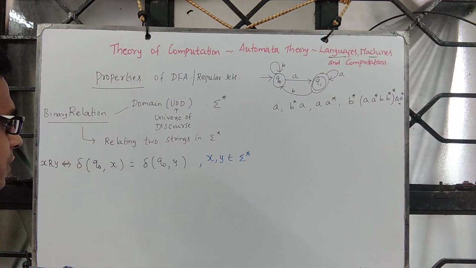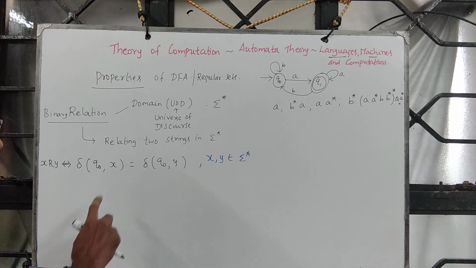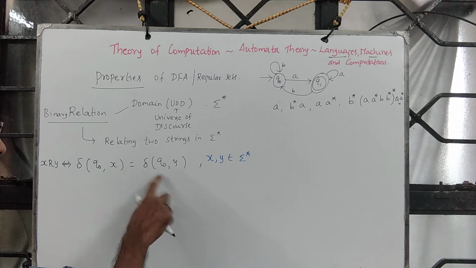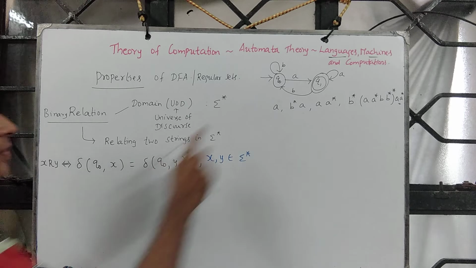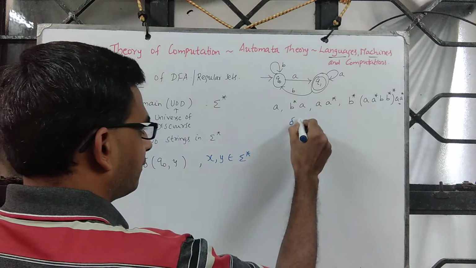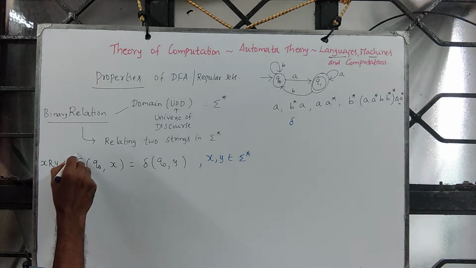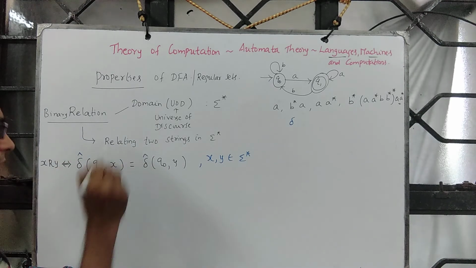Okay. So what is this telling us? You look at this value and this represents a state, right? You look at delta of, now it is a string. So I carefully use this notation.